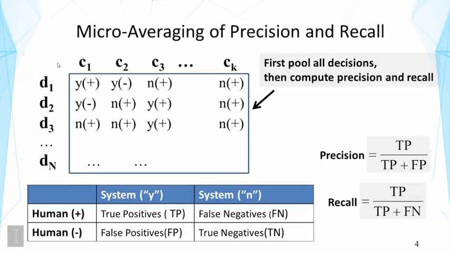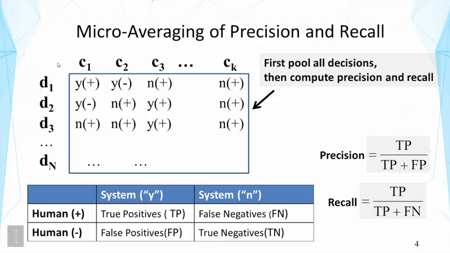So as I mentioned, there is also micro averaging in contrast to the macro average that we talked about earlier. In this case, what we do is pool together all the decisions and then compute the precision and recall. So we can compute the overall precision and recall by just counting how many cases are true positive, how many cases are false positive, etc. Basically computing the values to fill in this contingency table.